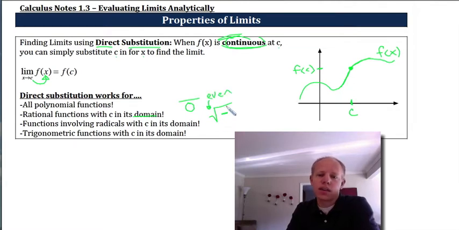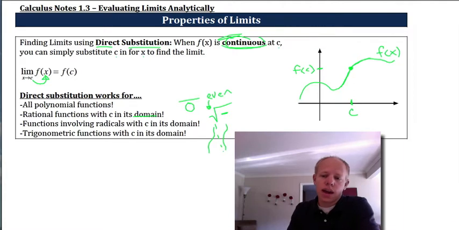We can't take the square root of a negative number. So that is also something to watch out for. For trigonometric functions, we just have to watch out for things like the tangent function, because there are places where the function is not defined. So we've got to watch out for those.